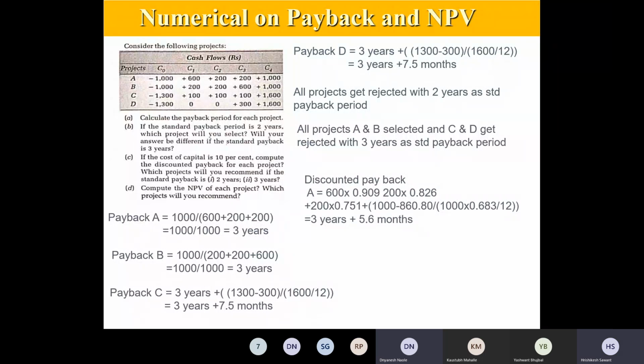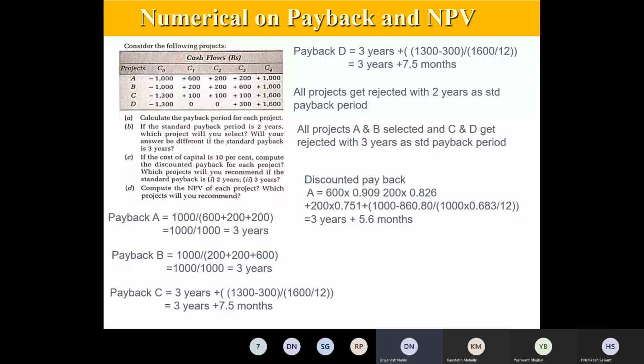Yes, sir. 600 rupees after 1 year, what is the value of it today? That is 600 into 0.909 plus 200 into 0.826. So 200 rupees after 2 years, what is the present value of 200 today? That is 200 into 0.826. Same way 200 after 3 years, what is its present value?